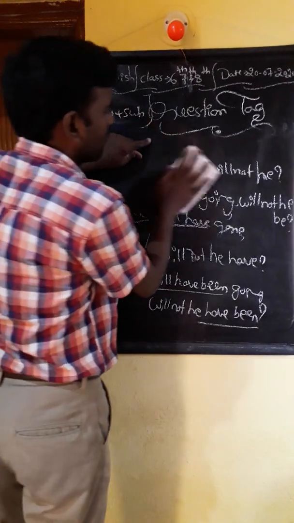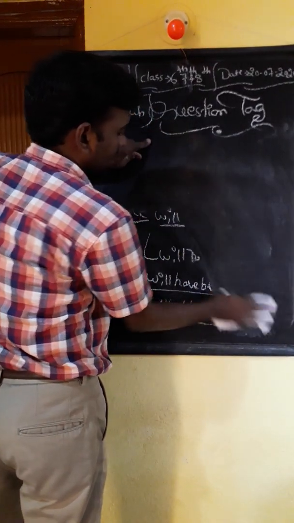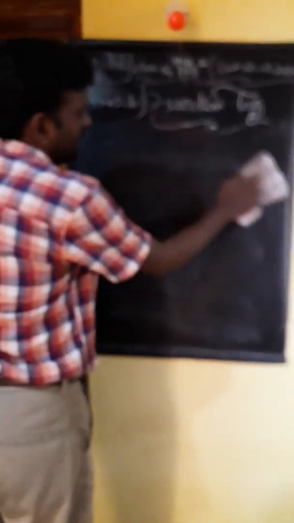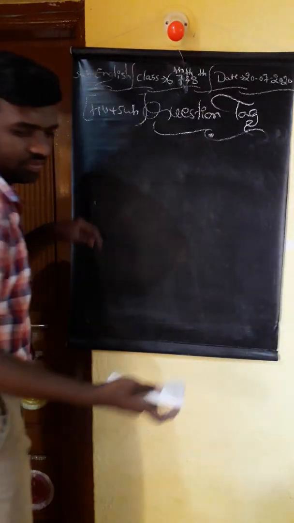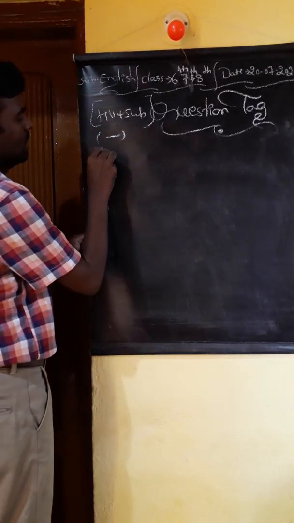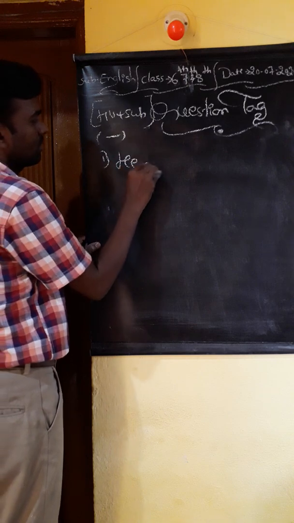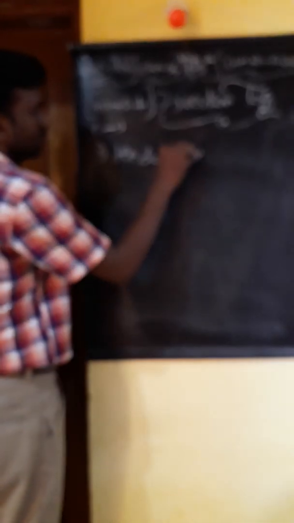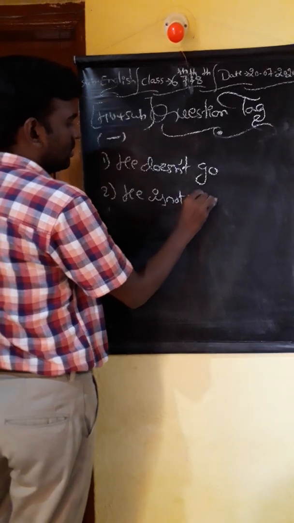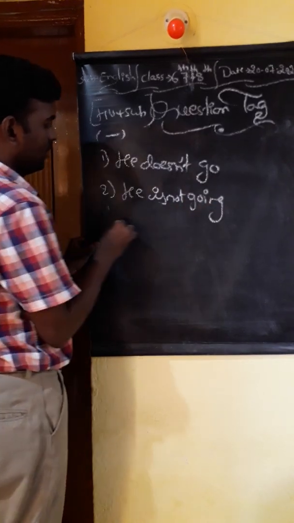Now we'll see the negative part. Exactly, we're taking the same verb, same subject. Okay. So first let's see the present tense, all negative parts. So first one is he doesn't go, and second one is he is not going.